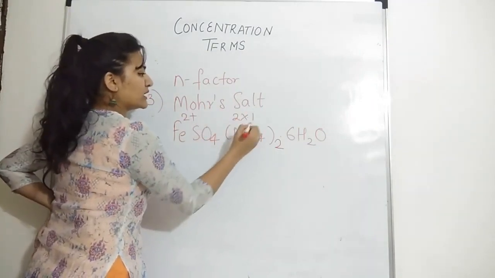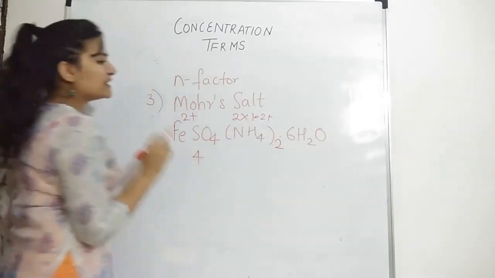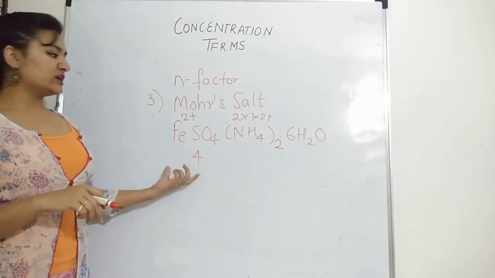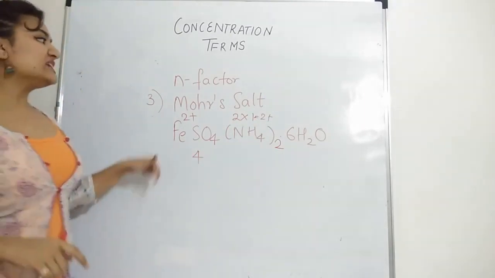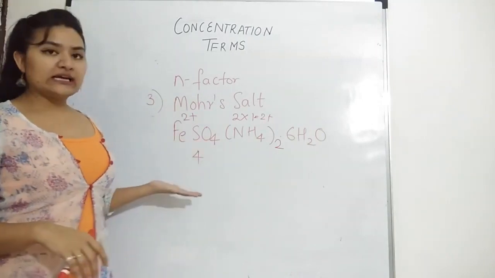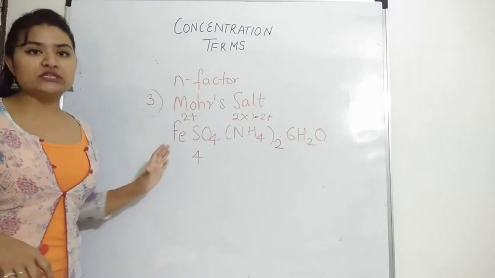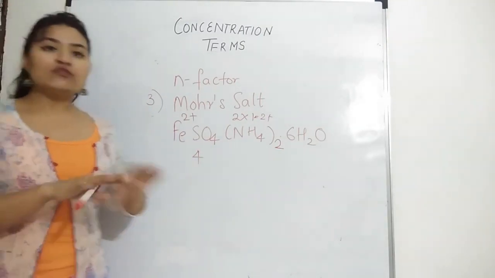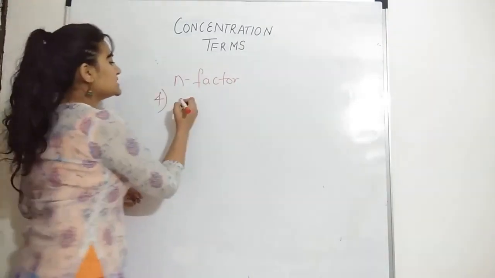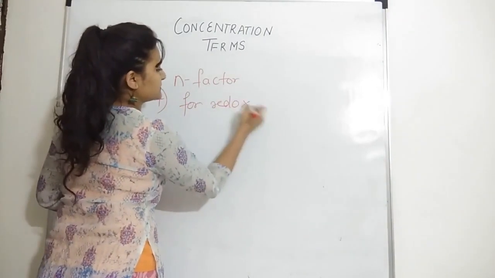So 2 into 1. Total positive charge will be 4. So N factor of Mohr salt over here is 4. But if it is reacting with something, then it will change. But only for the salt, it is like this. You have to calculate. Just count the total positive charge or total negative charge for any salt. Now the last one is N factor for redox reactions.